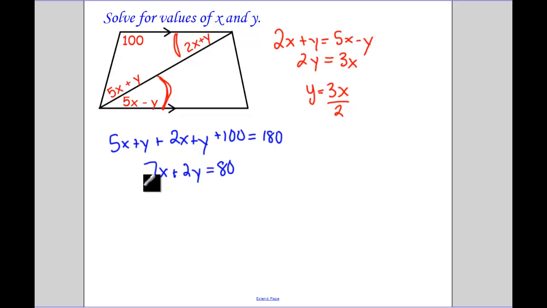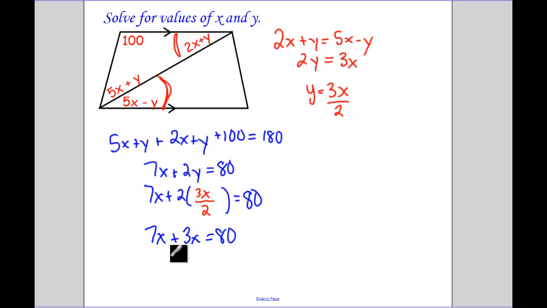Now I have 7x plus 2y. What did y equal? From above here, y was 3/2 x. So really I have 7x plus 3x equals 80. So 10x equals 80.